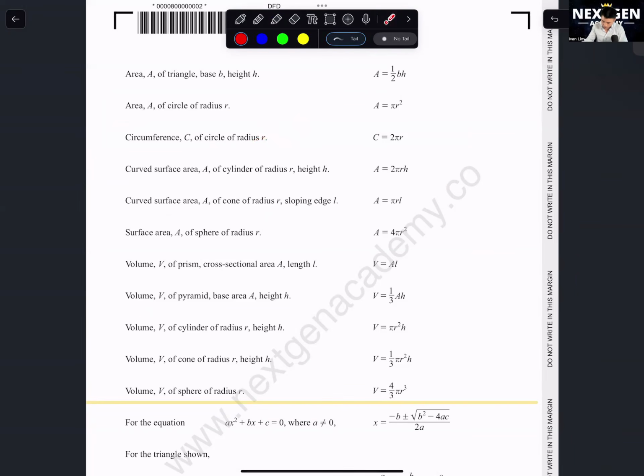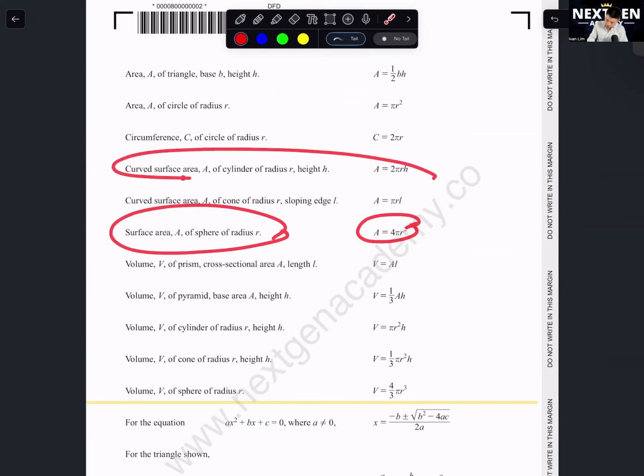Okay, what is hemisphere? It is half a sphere. So 4 pi r square, you multiply by half. Then the other one is what? The side. Curved surface area of cylinder, 2 pi r height.